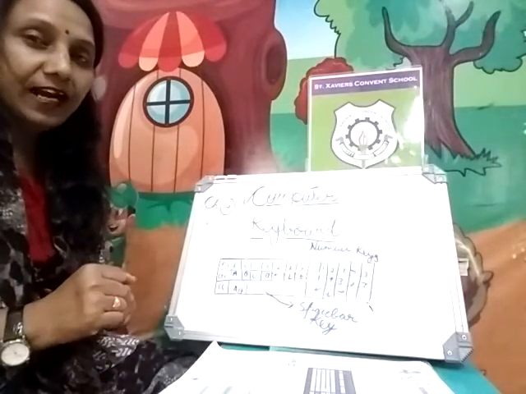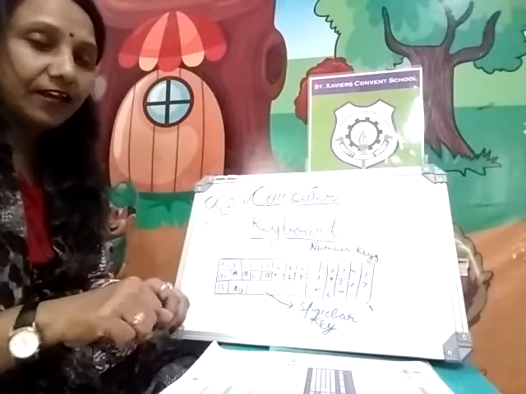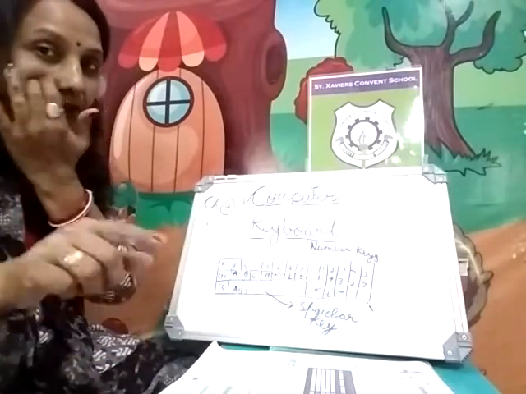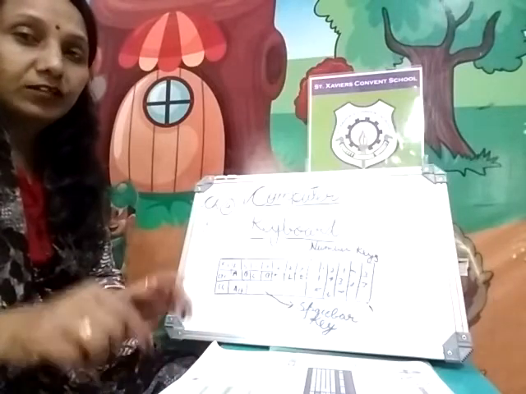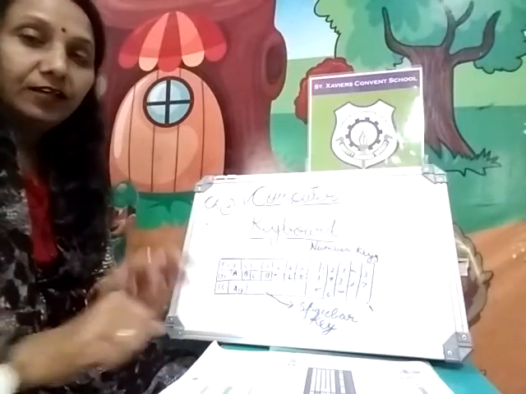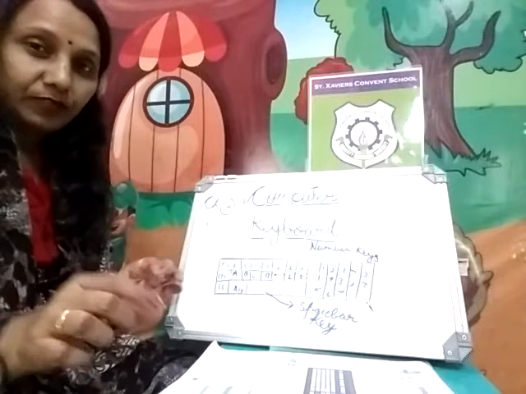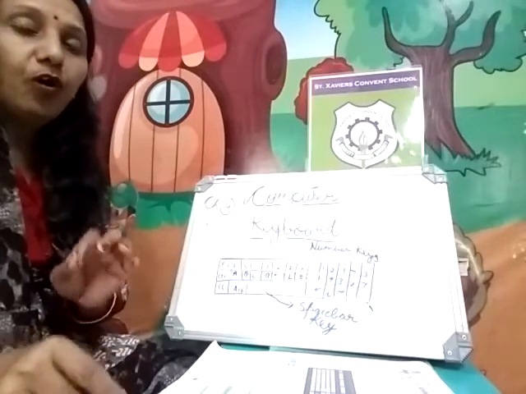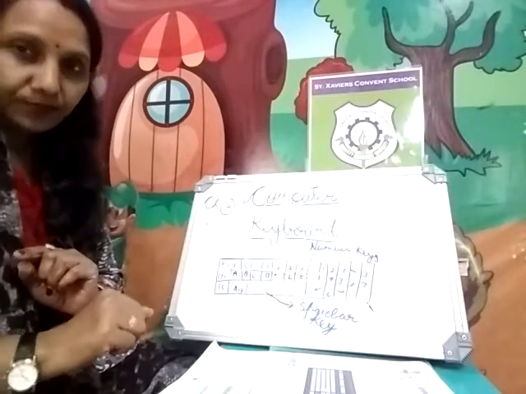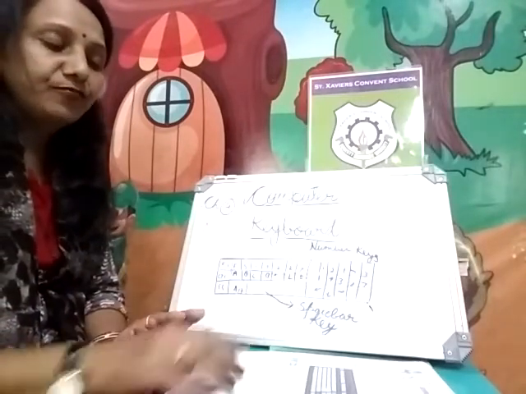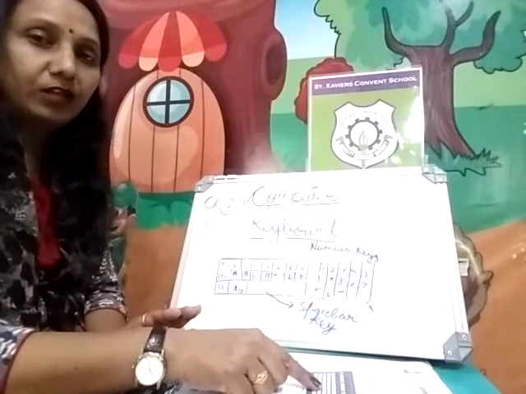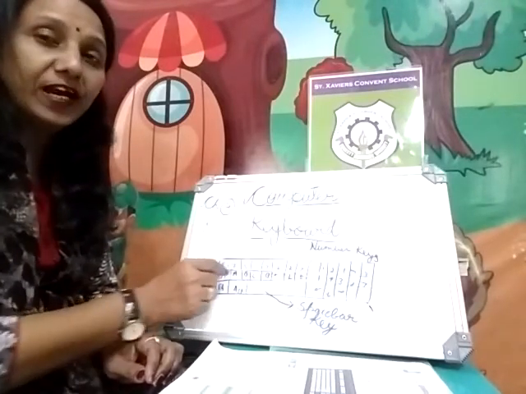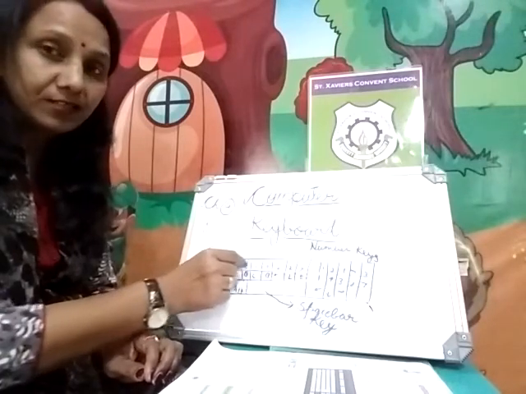If you say I am a boy, we click I, then space, then am, then space, then B-O-Y, boy, then again space, or you can put a full stop there. So these keys are called the alphabet keys. With the help of alphabets, we write words and sentences.